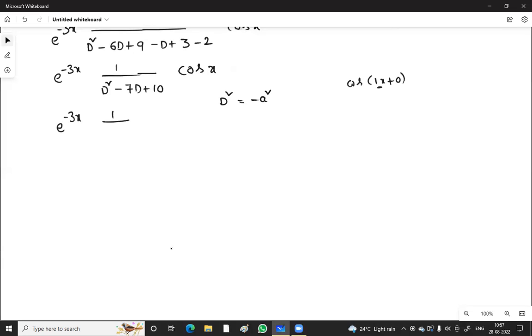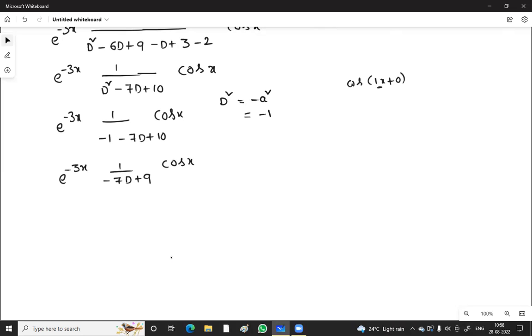In the place of a, 1 is there, so D square is equal to minus 1. We have to put minus 1 minus 7D plus 10. You have to operate on cos x. So e to the power minus 3x, 1 over minus 7D plus 10 minus 1, 9. We have to operate on cos x.